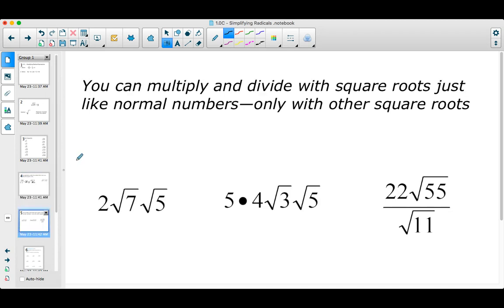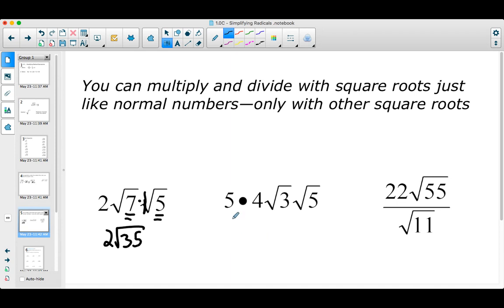You can also do things with multiple radicals. Like right here, I've got a 2 square root of 7 times, and there's no number here, so we're going to assume it's a 1 square root of 5. When you multiply them, you take the outside numbers, 2 times 1, and multiply them together, and get a 2. And then you take your inside numbers, 7 times 5, and we get a 2 square root of 35.